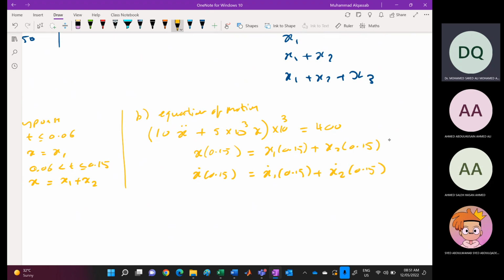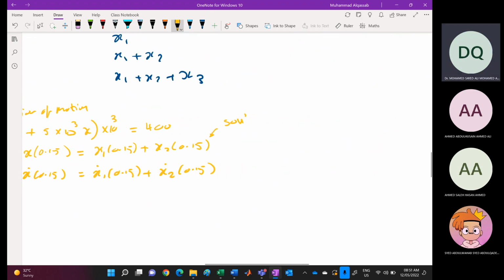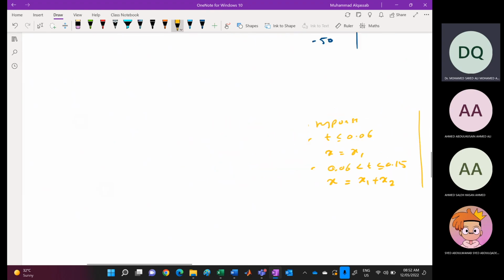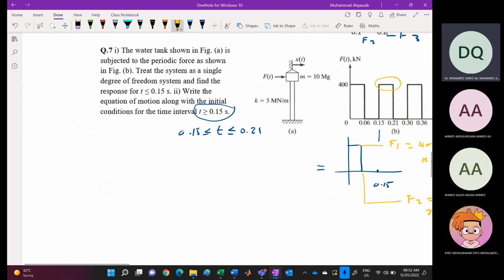Those are obtained from the previous solution. Okay, this is the required thing for this question, part B.